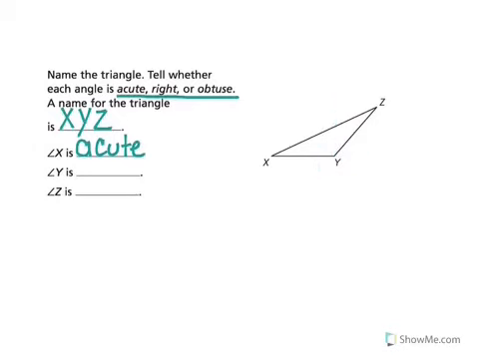That means angle Y has to be obtuse. Finally, let's look at angle Z. Angle Z is pretty tiny. It's clearly smaller than 90 degrees. That would mean it is acute.